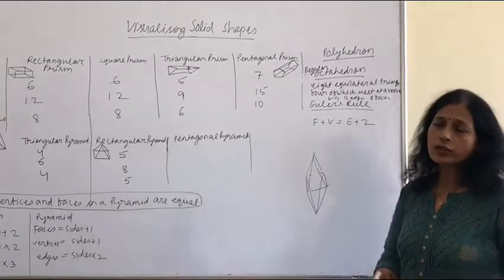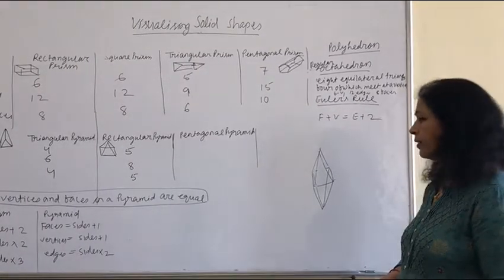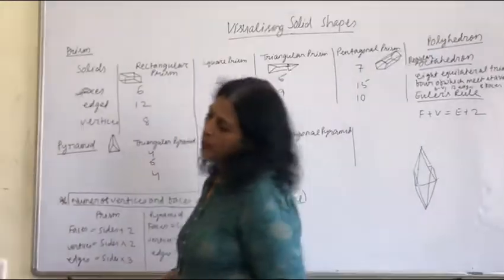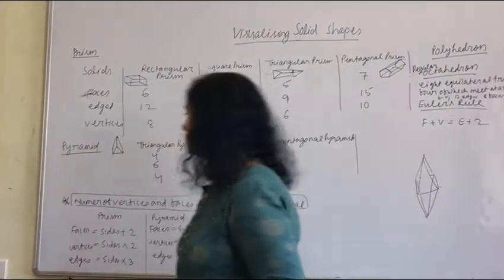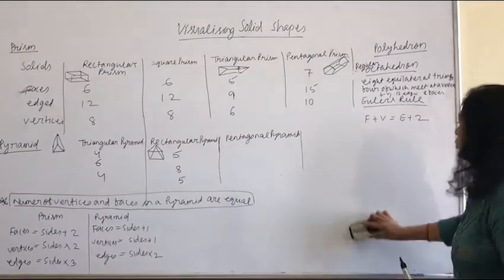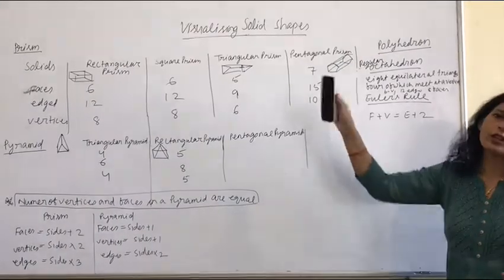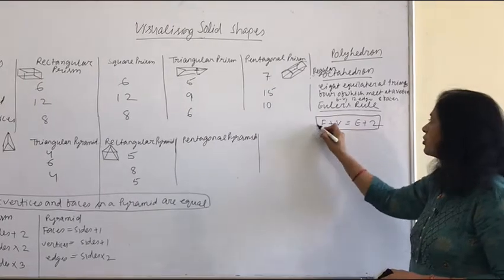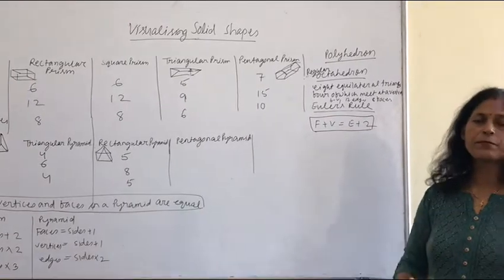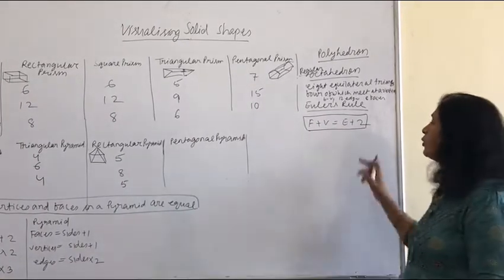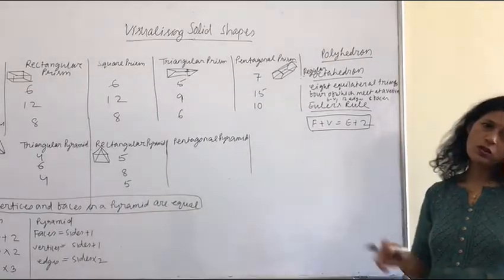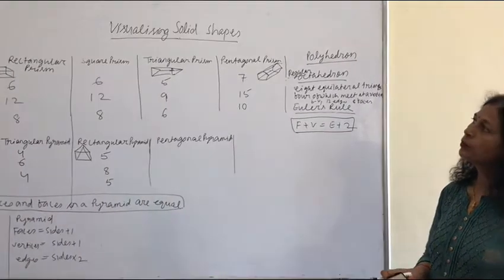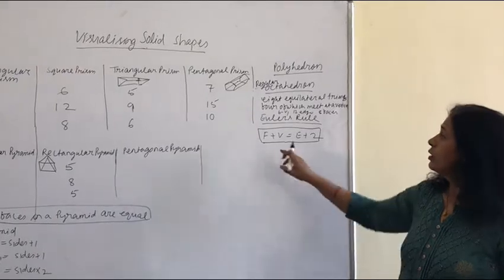Now Euler's rule. The mathematician Euler discovered a formula for solids: F plus V is equal to E plus 2. That means faces plus vertices is equal to edges plus 2. You can prove whether it is true or not.